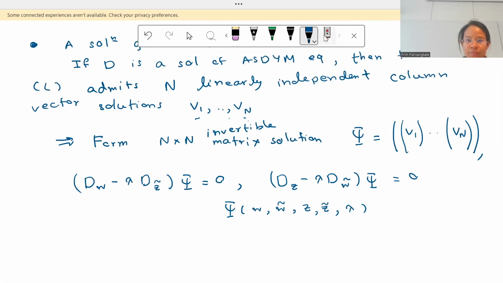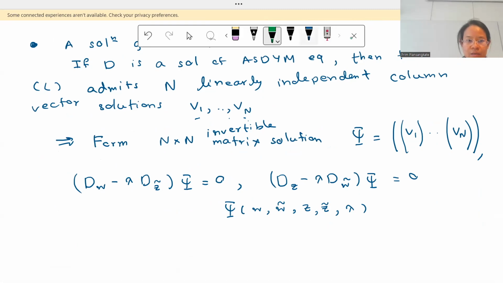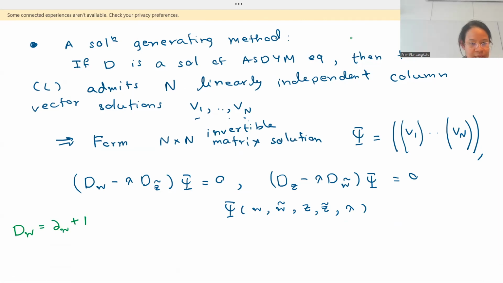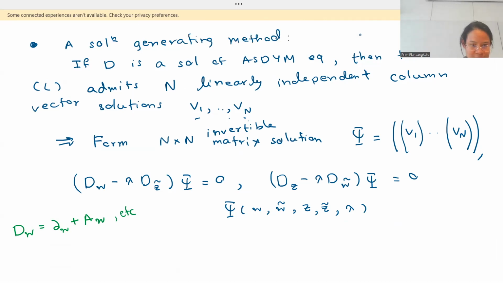Now from here, I can extract, remember that dw is the differential with respect to w and Aw, etc. Right. So if I write this here, we have this equation, which is right.